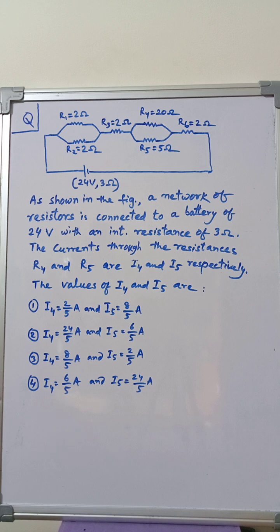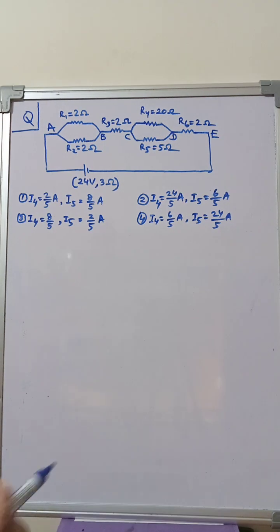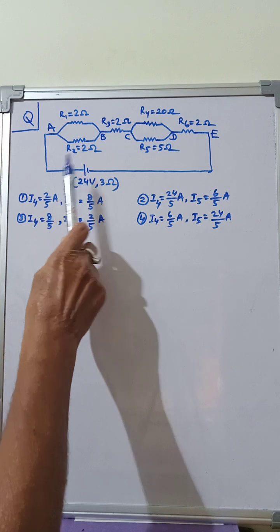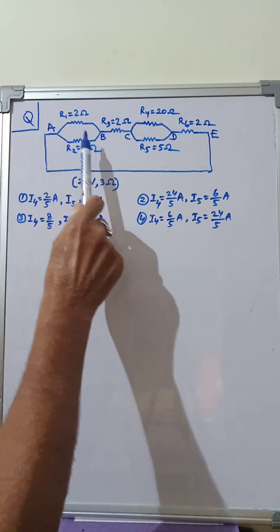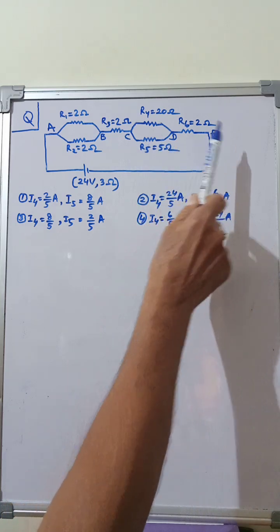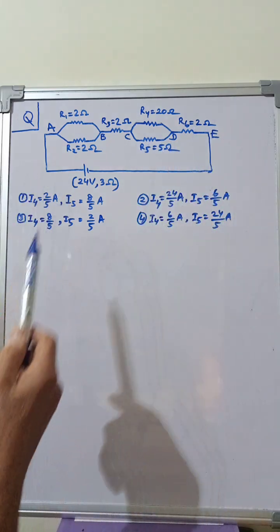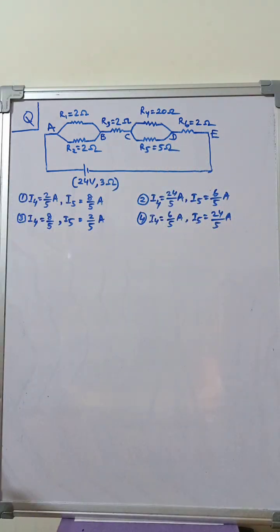Now for the solution. Let us first find the total resistance of the series parallel network of resistances. We have named the critical points A, B, C, D and E for evaluation of the total resistance of the network.